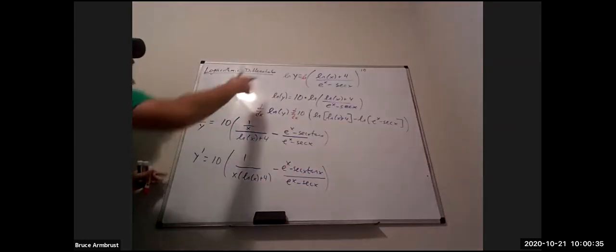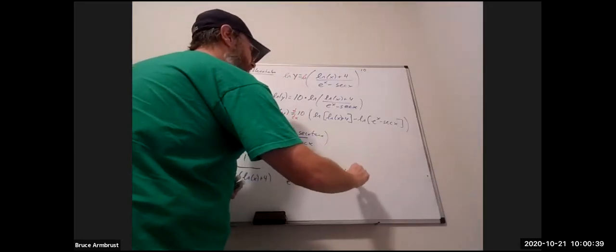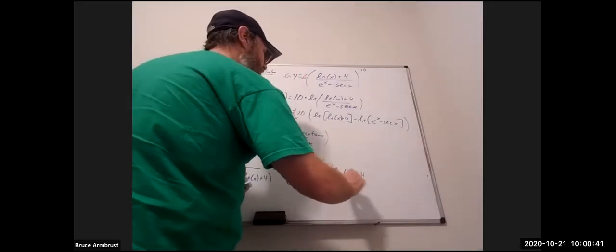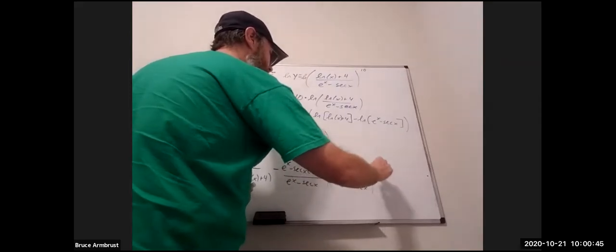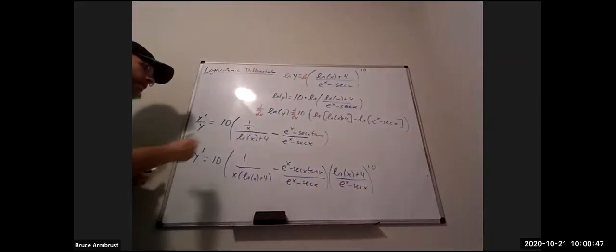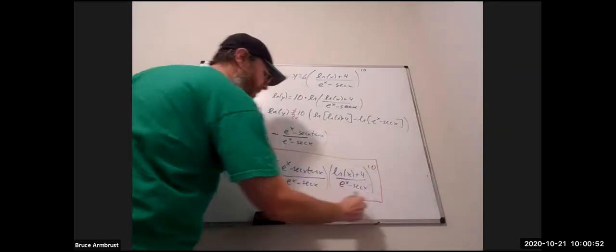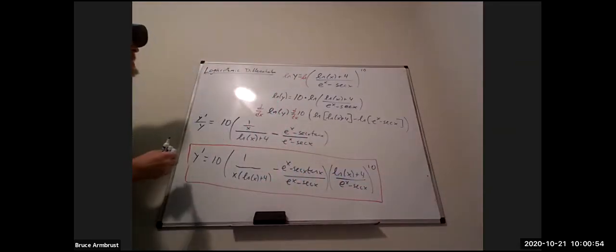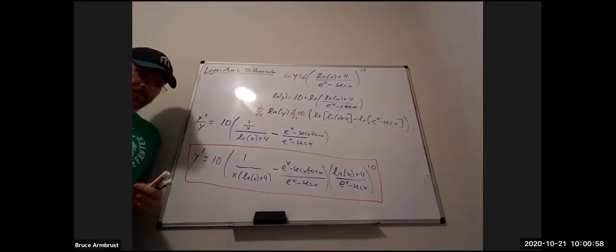And again, that's all times y. And so my original y was natural log of x plus 4 over e to the x minus secant of x raised to the 10th. So we'll put a box around it. And there's your derivative of that original function.